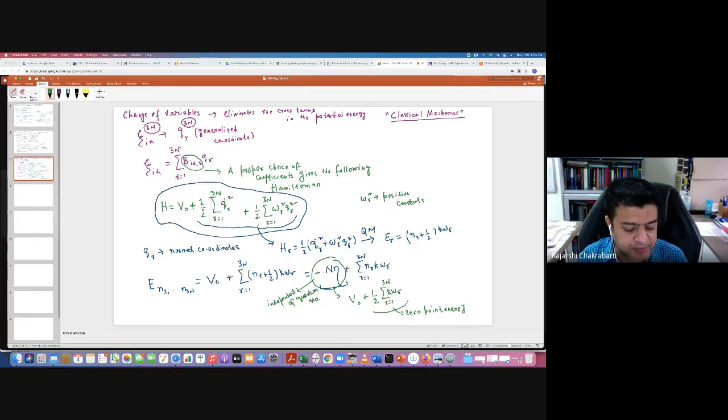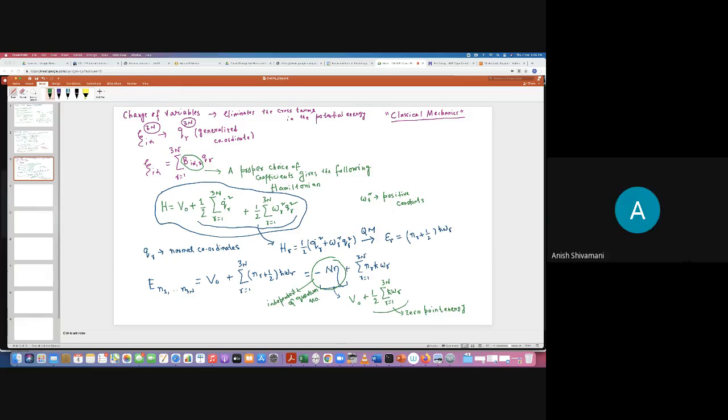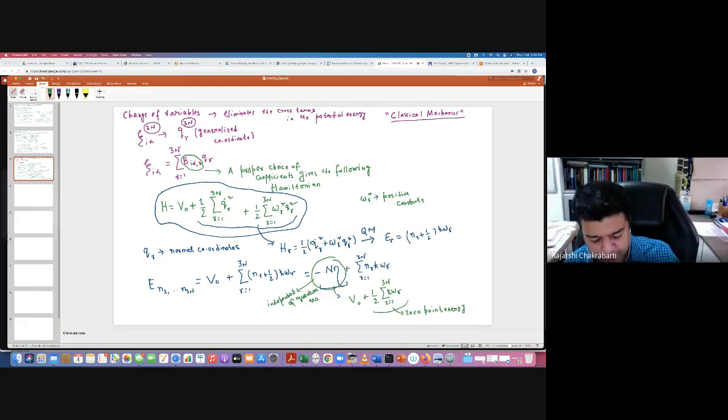So if I go to very, very low temperature, what do you expect? I would expect most oscillators to be in n_r equal to 0. So then I'll have only this term, no? Yes. At very low temperature, that will be the contribution to energy. So at any finite temperature, I can measure how the energy deviates from its zero temperature value by setting this as the reference. This could be our reference.